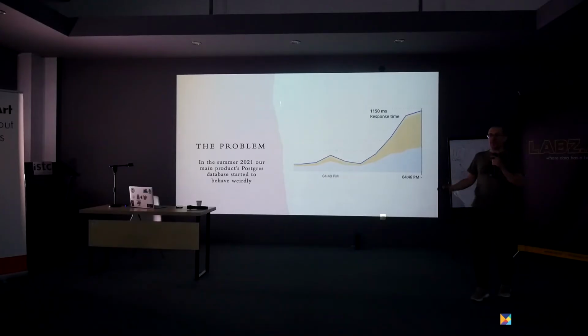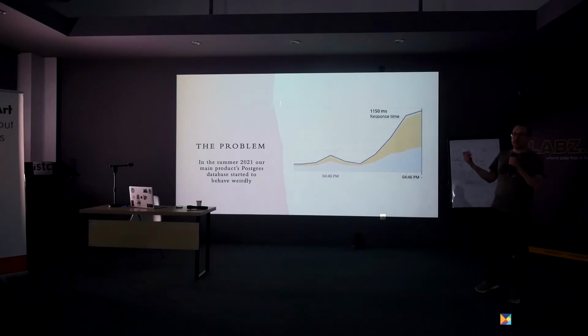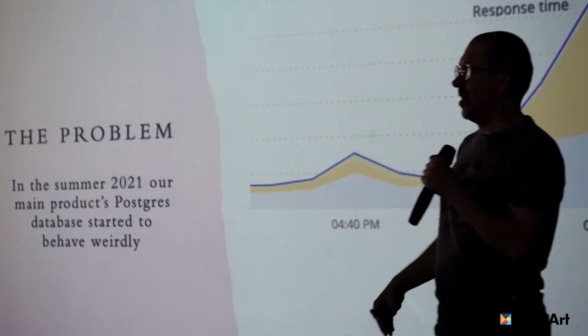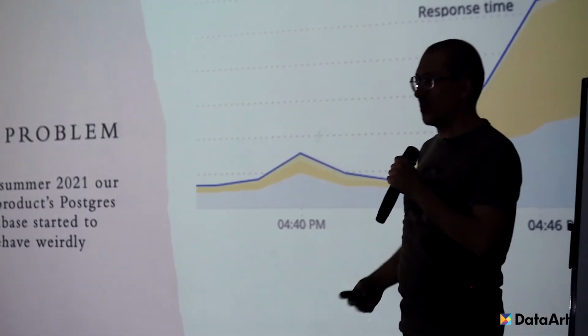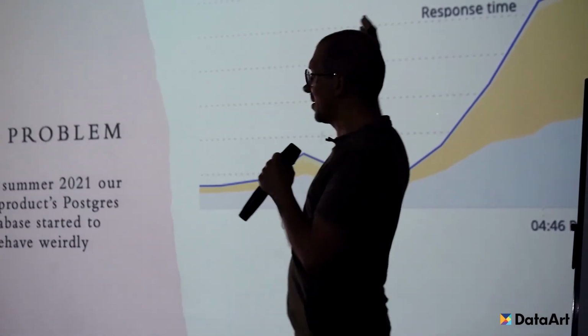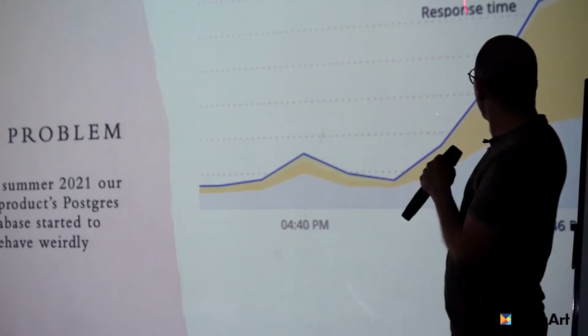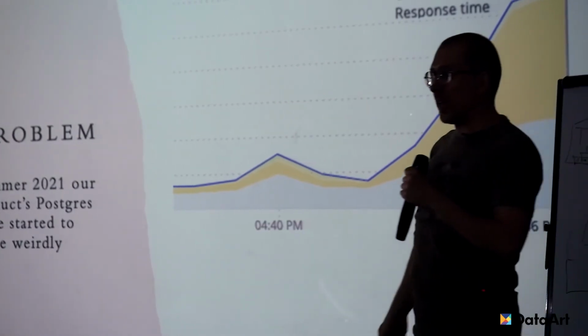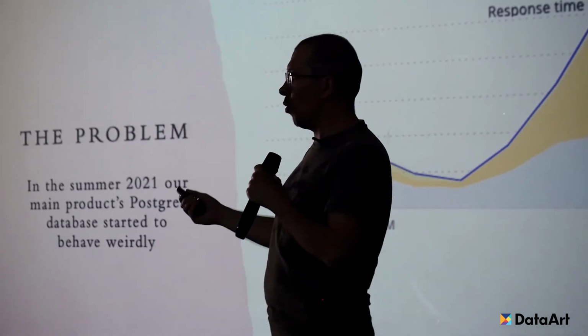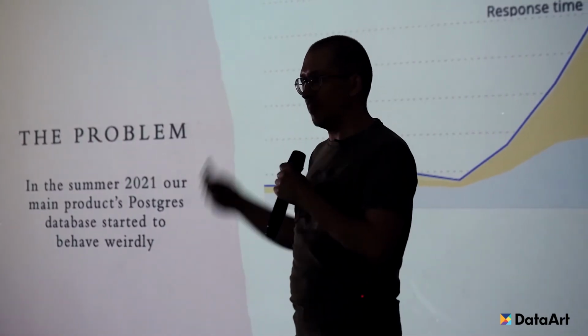It affected all our customers, and it happened quite regularly, like twice a week. So business was pissed off because they wanted our service to work reliably. They said, Mike, now it's your problem. Go and fix it.